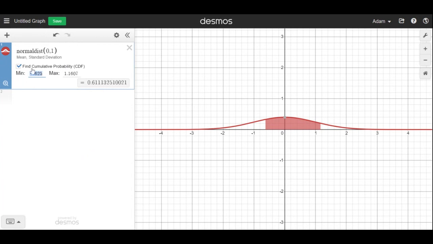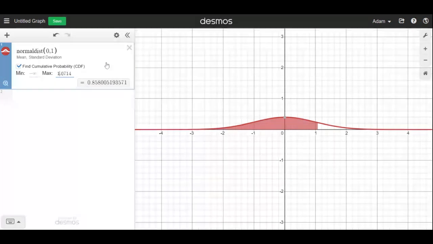So for the percentage of males less than 140 millimeters, we had 1.0714. And we can see that we don't get exactly what we got before because we rounded, but we got 0.858.